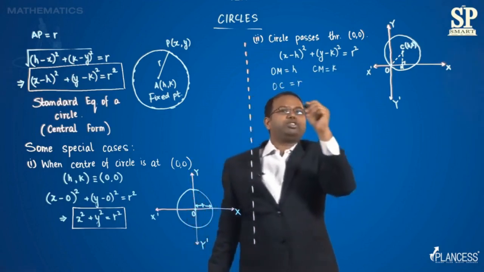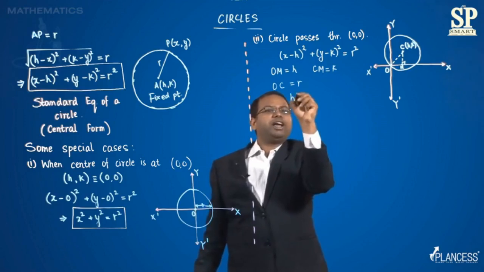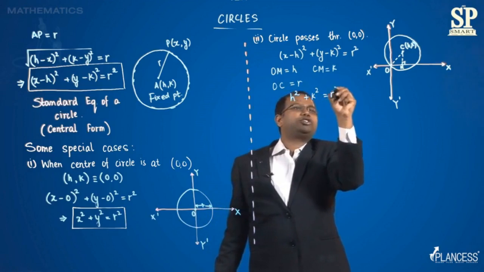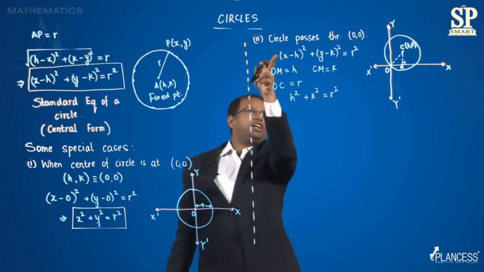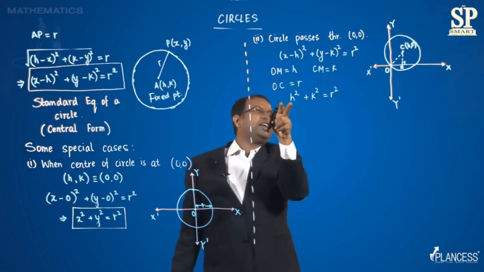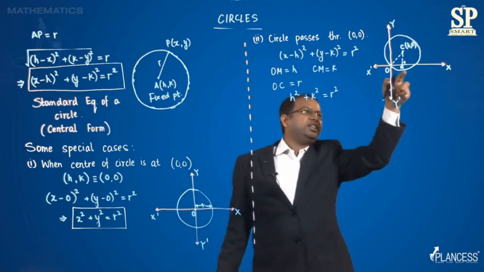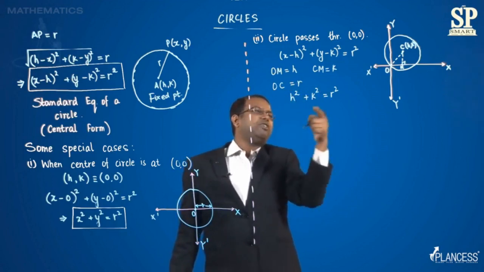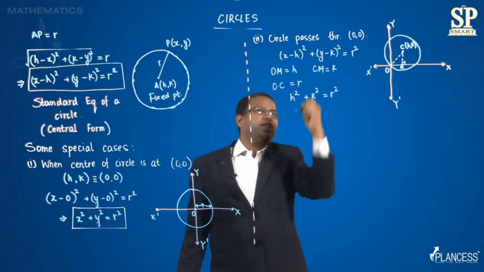So clearly, by using Pythagoras theorem, we have h square plus k square is equal to r square. So this is the standard form, and this is another condition which we have figured out in this particular special case. So let's see what happens if we substitute the value of h square plus k square in this equation.